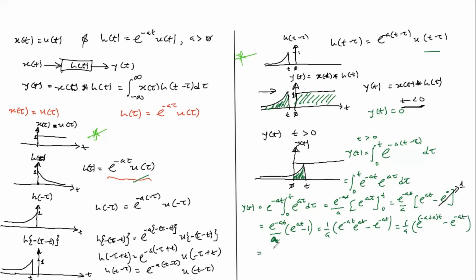So this will be the same thing as 1 over a, so that's minus a plus a, 0 times t, epsilon naught times t, which is the same thing, so this reduces to 1 over a.